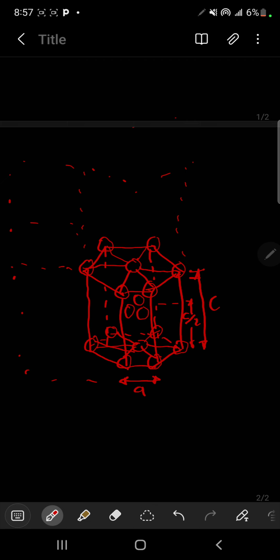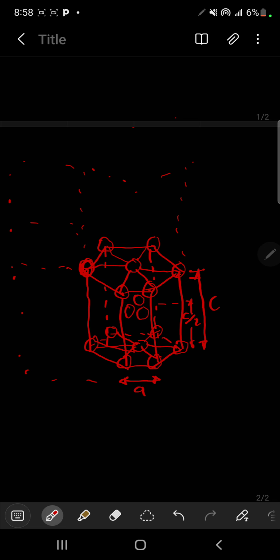If we consider, for instance, this atom here at this corner, and we want to know how many crystals are actually sharing that atom, we realize that it is going to be shared between 6. Yes, there will be 6 in total. I know you can't clearly see it from here, but a very visible diagram would show there will be 6 crystals sharing.